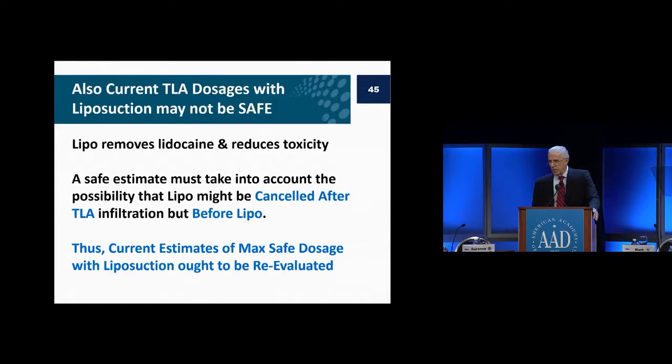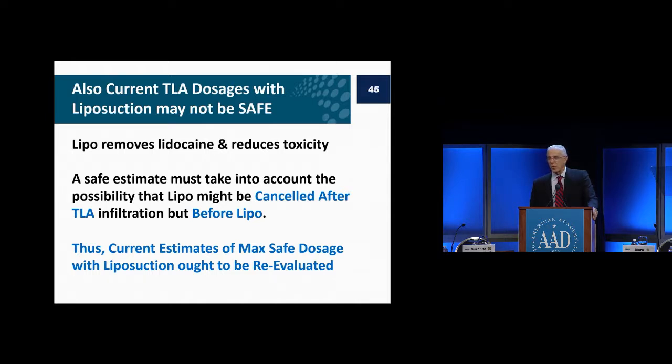And we also know that current estimates for the maximum safe milligram per kilogram dosage of lidocaine is perhaps not safe. I'm not certain. It is possible. Well, we know that liposuction removes lidocaine and reduces lidocaine toxicity, but what if we gave the standard dosage now, which is 55 milligrams per kilogram, with the intention of doing liposuction, and then for some reason after that high dosage we had to cancel the liposuction?